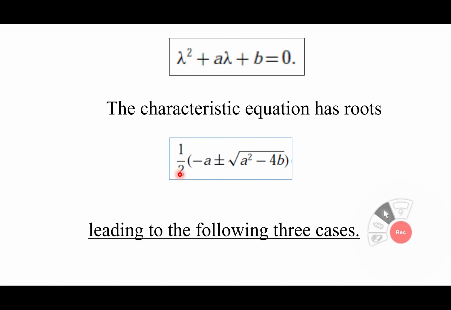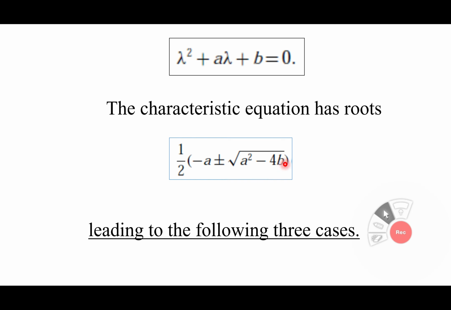The coefficient here is 1, and we have a and b. So the two roots of this equation are 1 over 2, between parentheses, minus a plus or minus the square root of a squared minus 4b.